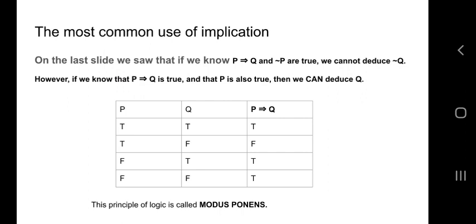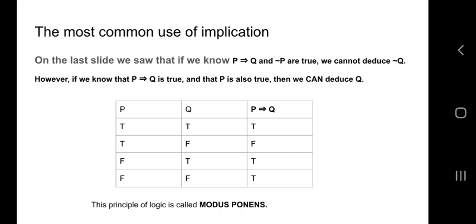However, let's look at this from a formula point of view, a true and false point of view. There are 4 possibilities that can happen, right? We can have P true, Q true; P true, Q false; P false, Q true; or P false and Q false. For those 4 situations, 3 of them have that P implies Q. In the first row, the third row, and the fourth row, P implies Q is true.